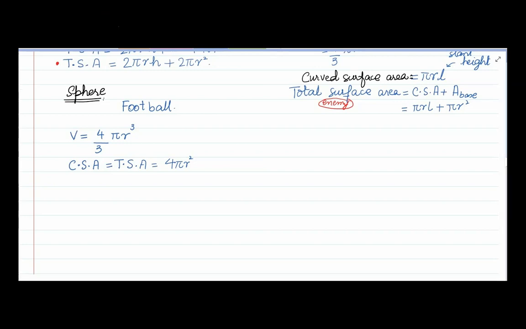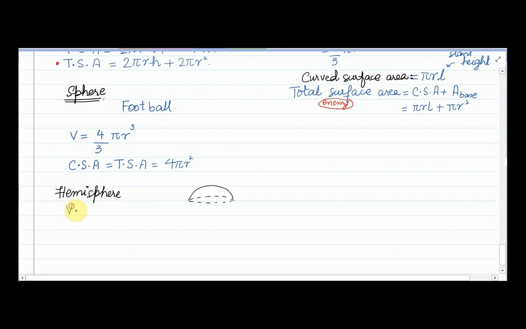If you cut your football in two halves identically, the first half will look like this, right? If you cut your football, it will look like this, and that shape we call a hemisphere. So what is a hemisphere? Now you can say that it is half of a sphere. The volume of a sphere is 4 upon 3 pi r cube.